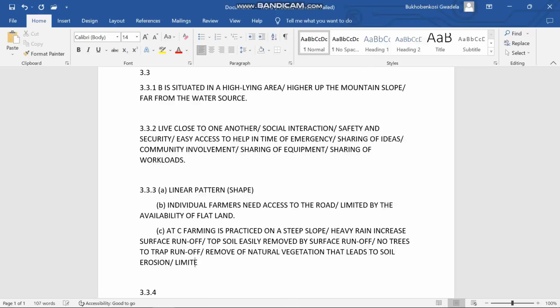You can also say monoculture will lead to increased soil erosion.